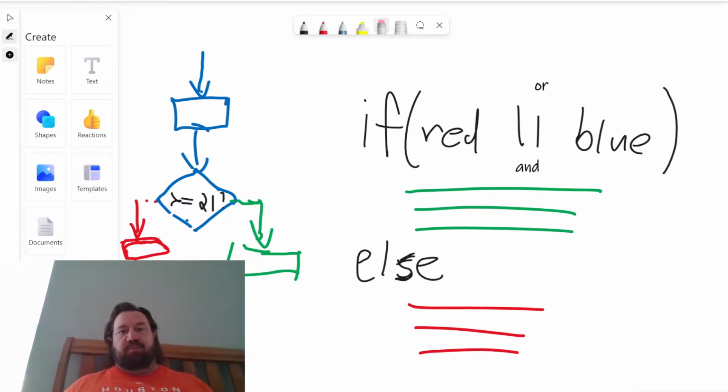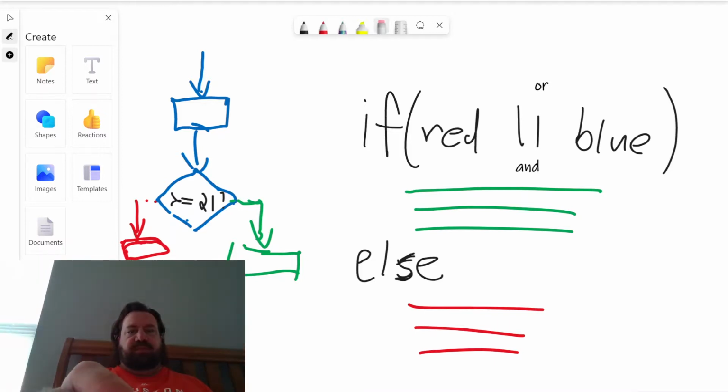If it happens to be both, I'm not sure how that would work, but if it did, that would work too. It has to be neither red nor blue for us to fall through to the else. So something that's yellow isn't red or blue, so that would fall through to the else.